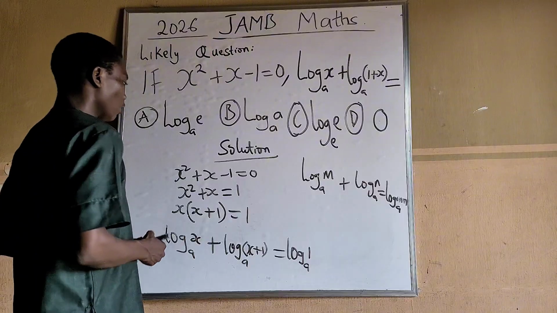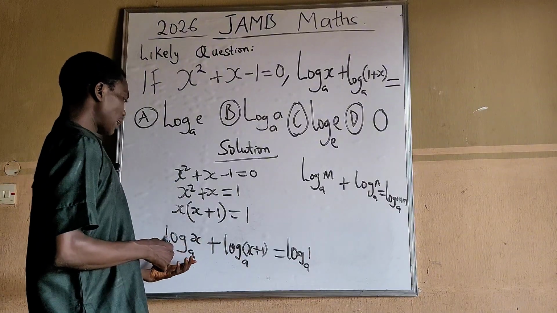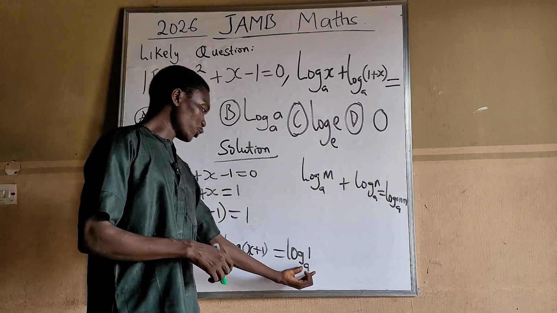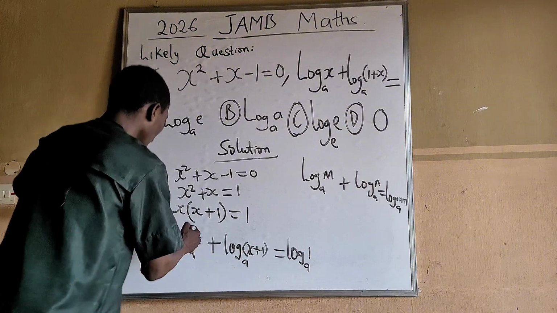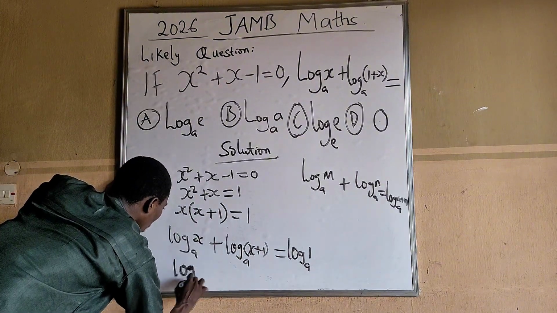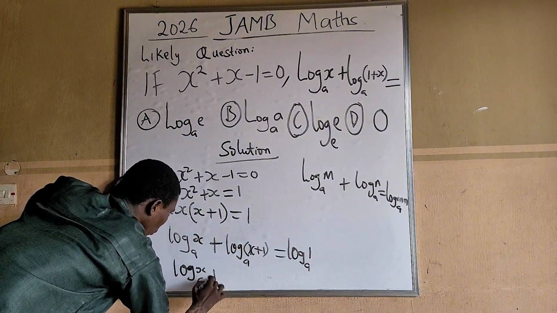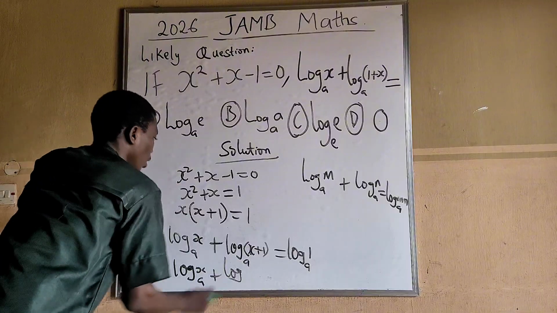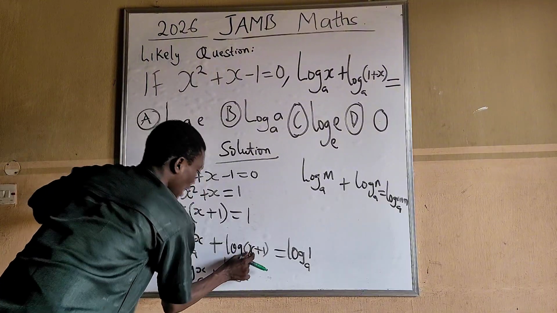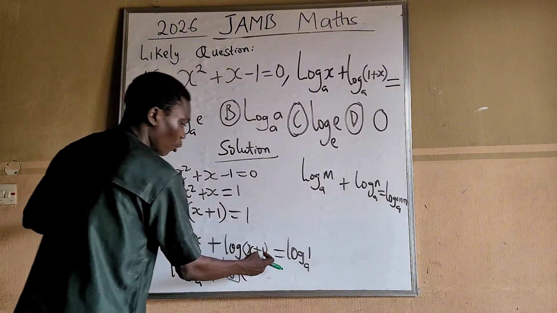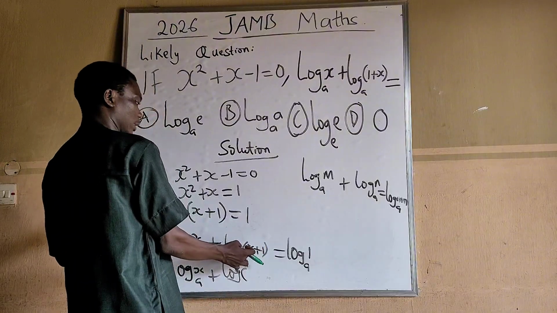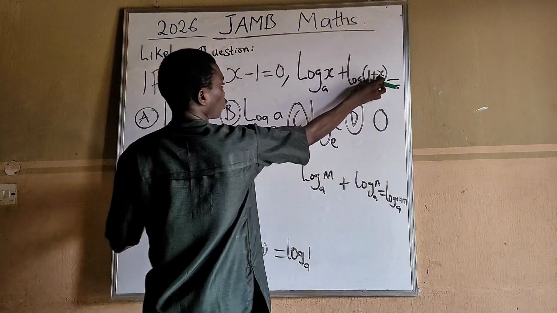All right. Now, this is what we have at the left, and this is what we have at the right. From the left, we have log x base a plus log of (x plus 1), which is the same thing as 1 plus x. I can bring the 1 here and the x there, we just want it to match with this.